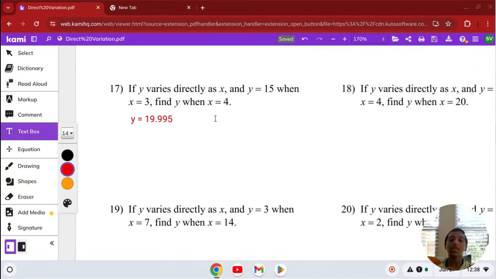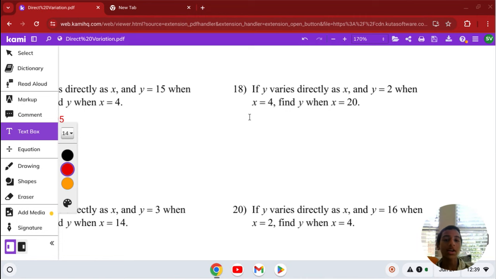If you want to round it, that's okay. This one's tricky. What I did is I divided 4 by 3 to get 1.333333, and I multiplied that with the 15 to get 19.9995.